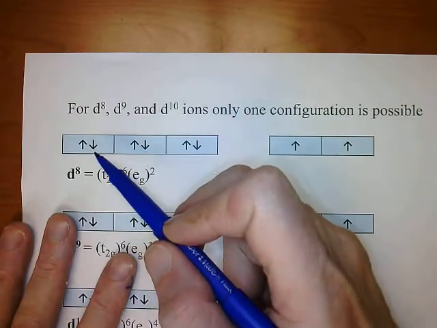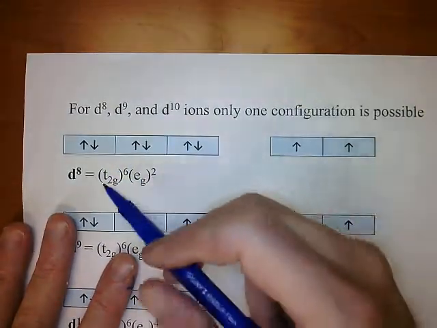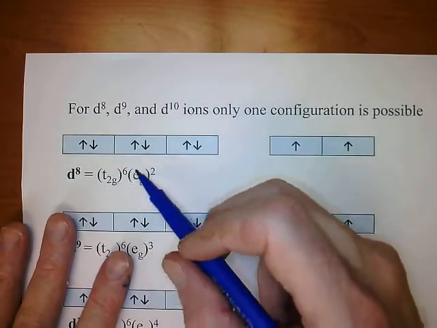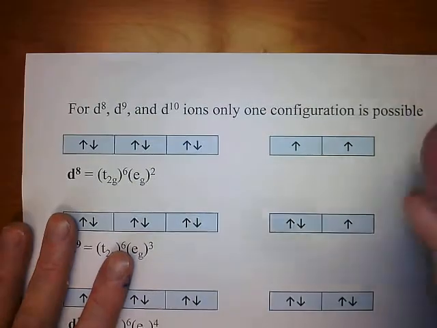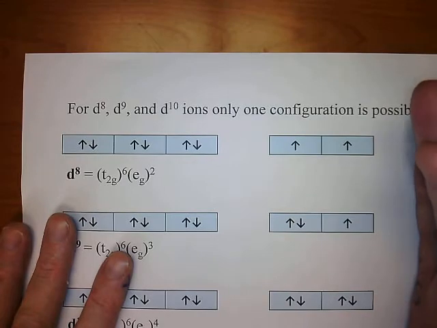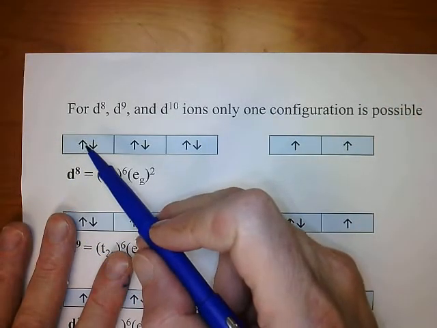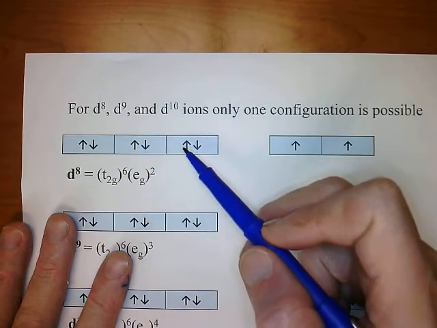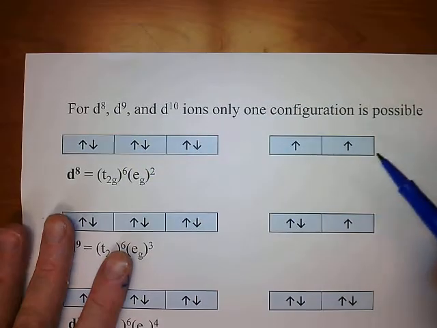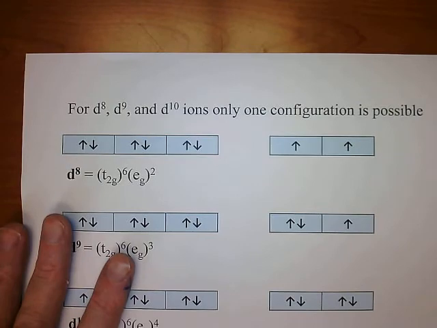Then we have to start pairing them up, 6, 7, and 8. That would give t2g6, eg2. If you tried to write it low spin, you would do the same thing: we would go 1, 2, 3, 4, 5, 6, and then jump up here and go 7 and 8, which gives you the same configuration.